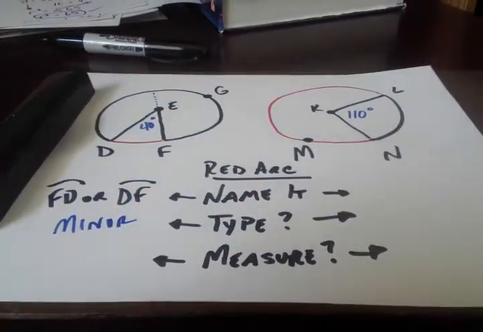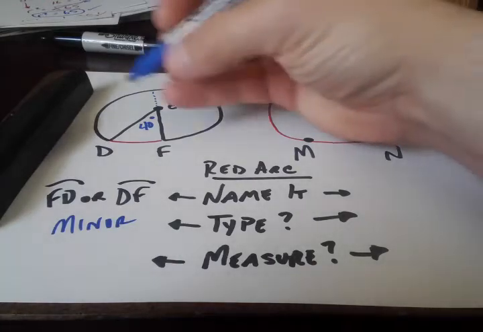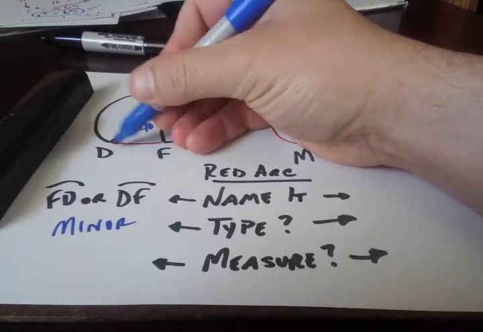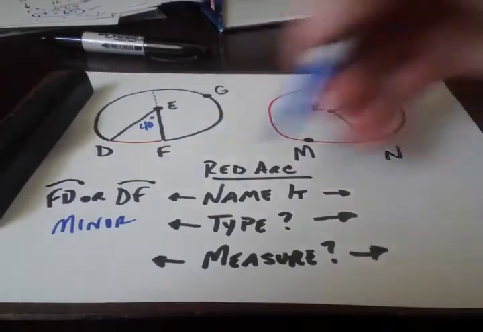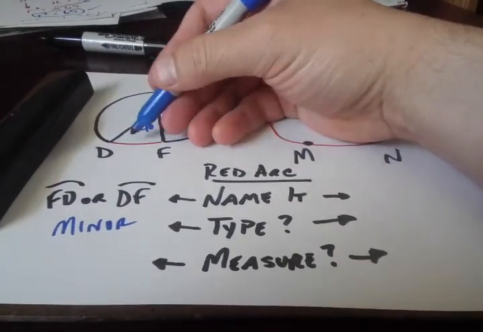Now one of the last things you should have read in there was how to measure arcs. The measure of an arc is in degrees, because the whole circle is 360. So how many degrees is this part of the circle?